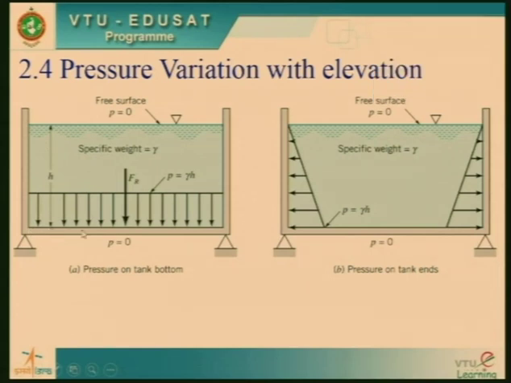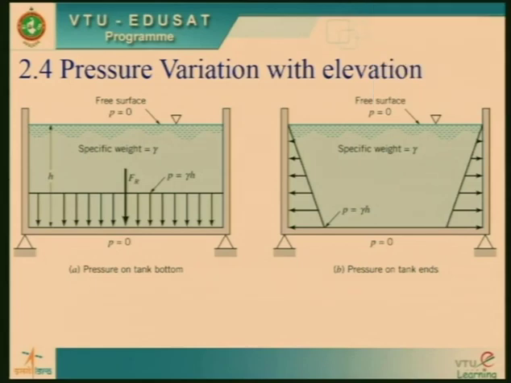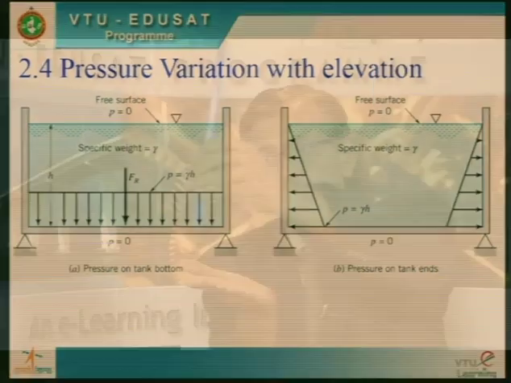Now if you see a rectangular tank and I would like to know what is the pressure here, what is the pressure here, all along the bottom. Mind my statement, if I am talking about the bottom, it means the head here is constant, the height of the liquid within the bottom is always constant, right. Here also h, here also h, here also h.